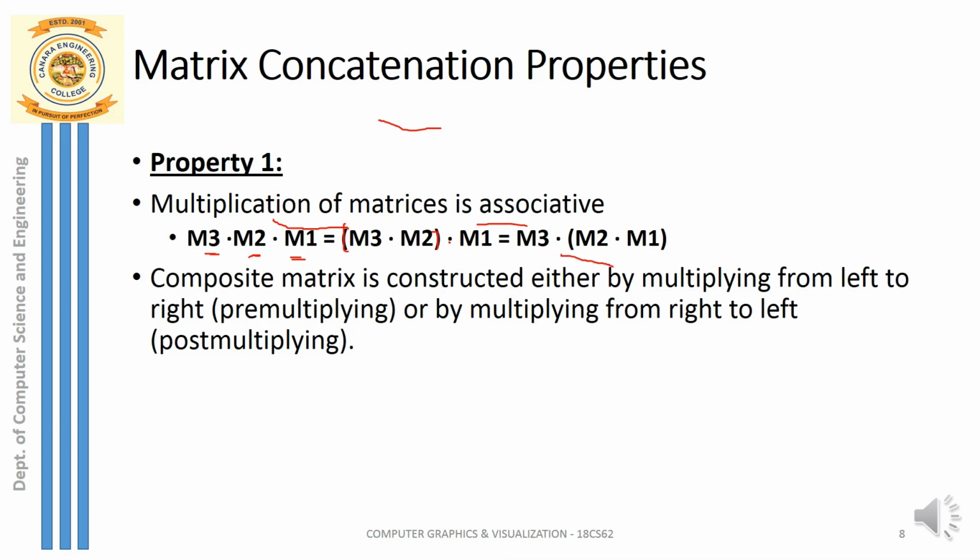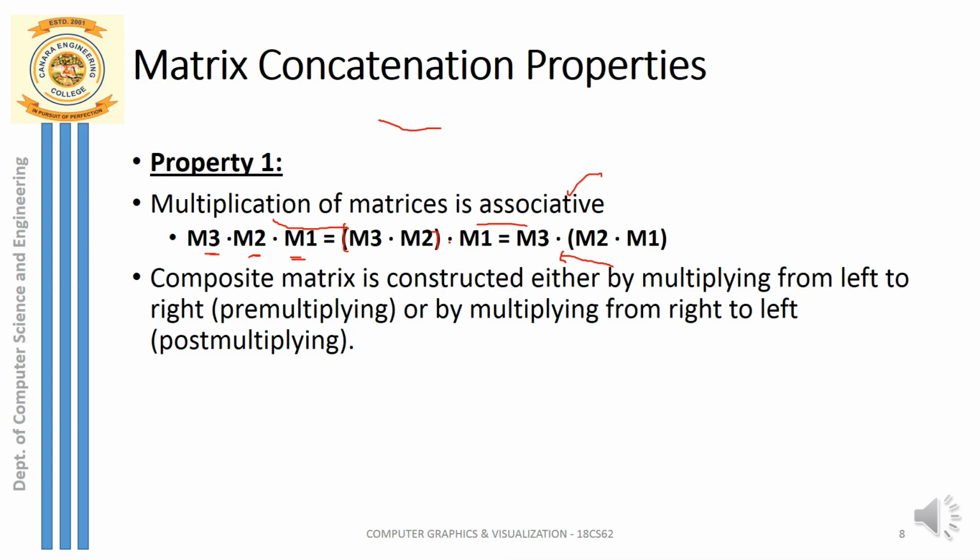So the products of all the types of multiplication are the same. All the three resultants remain the same, so you call this property the associative property.